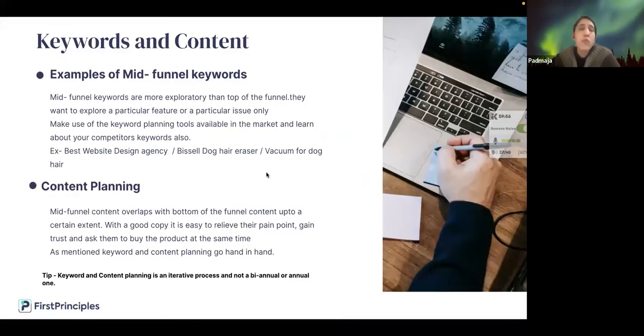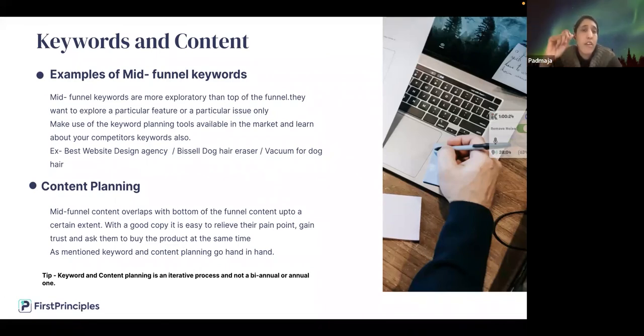That's that. And keywords and content, when we talk about mid-funnel keywords and content, right? Mid-funnel keywords and content are slightly more exploratory than the top of the funnel. They are more for a particular issue or a feature that you're offering. So, for example, in the last one, we had spoken about how to remove dog hair out of the carpet, right?